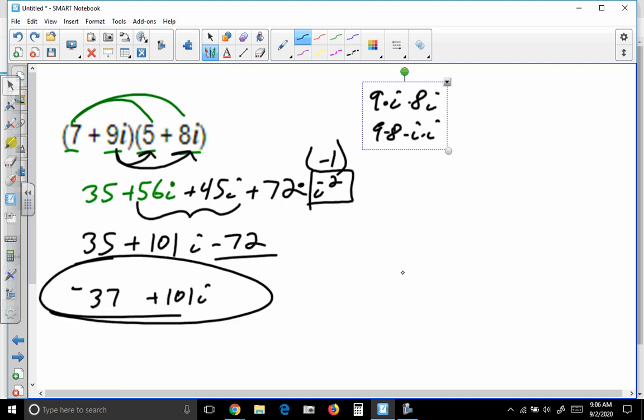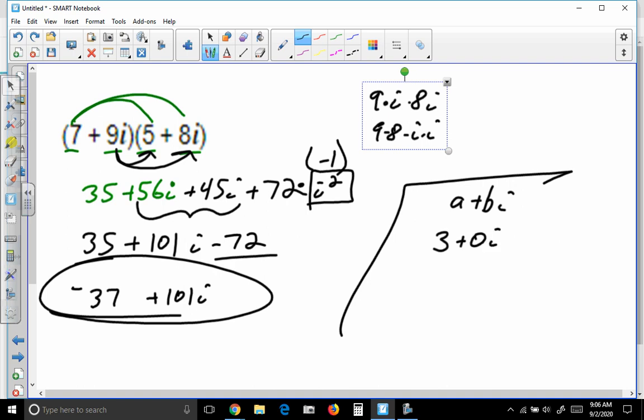So when we have it completely simplified, we have a real and an imaginary part. Now, it is possible for one of those parts to be 0. If we have a number that's purely a real number, then in complex form, it has no imaginaries.